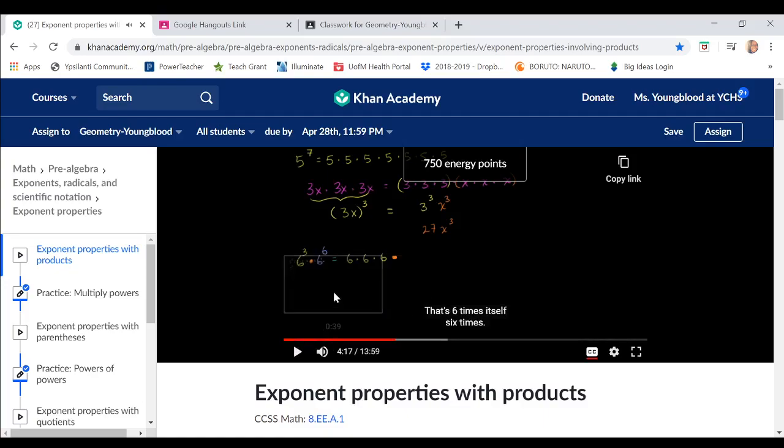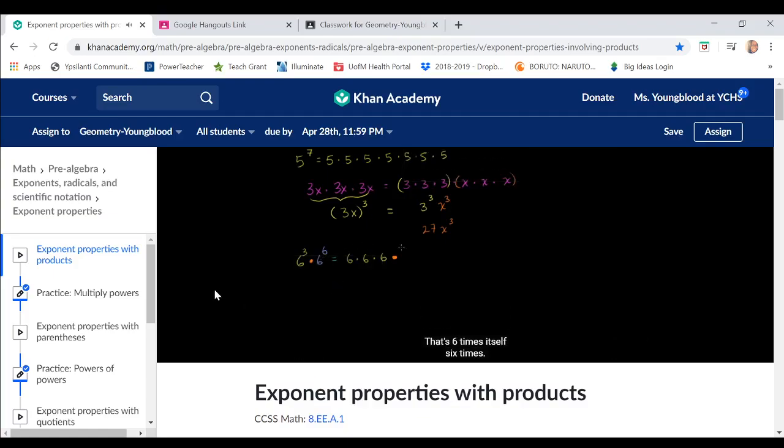That's 6 times itself 6 times. So again, just to emphasize, these 3 6's, he's doing a great job with colors, came from here. Now he did his multiplication, and now he's going to write 6 6's. So it's 6 times 6 times 6 times 6 times 6. Let's see, that's 5. Then we get one more times 6.